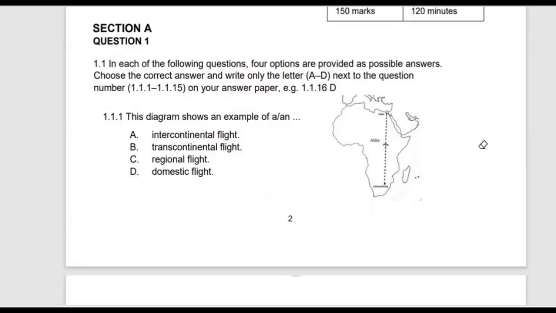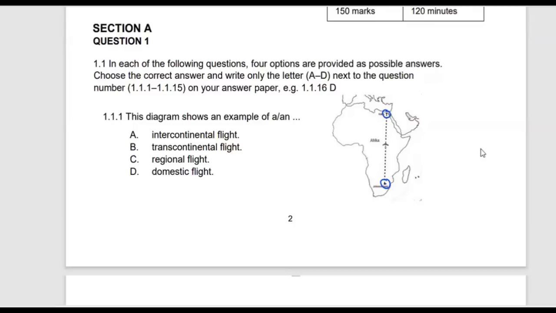So the first thing which we need to do is look at where this particular tourist is traveling from. We actually have 2 cities here. We have Johannesburg as the starting point, then we also have Cairo as the ending point.